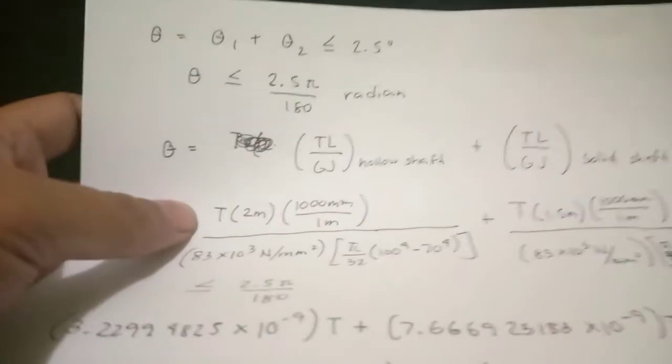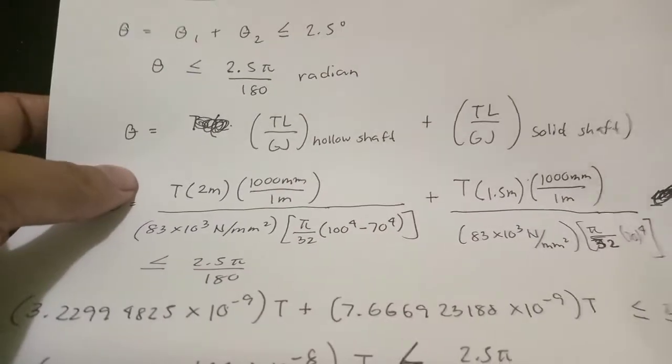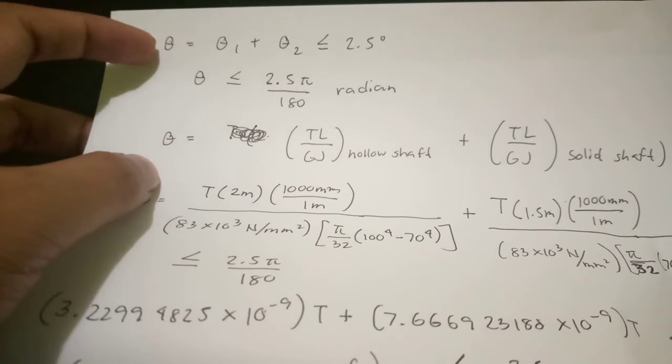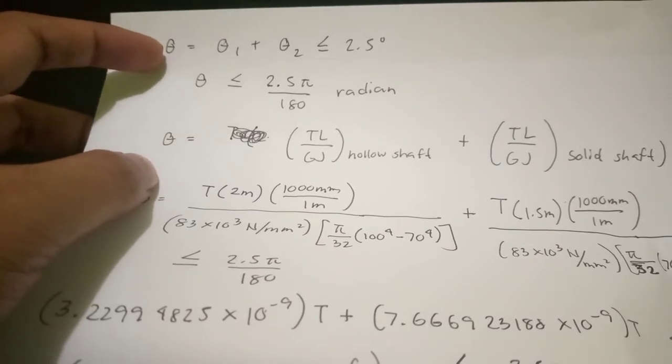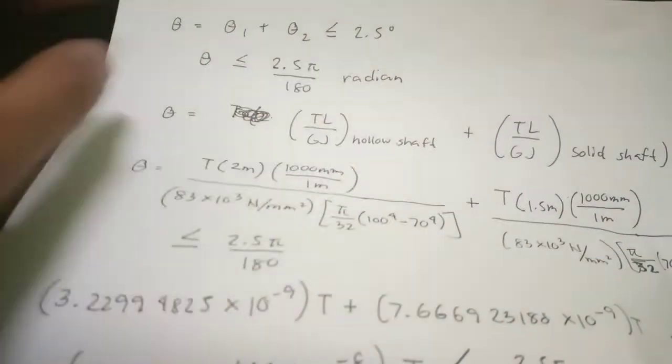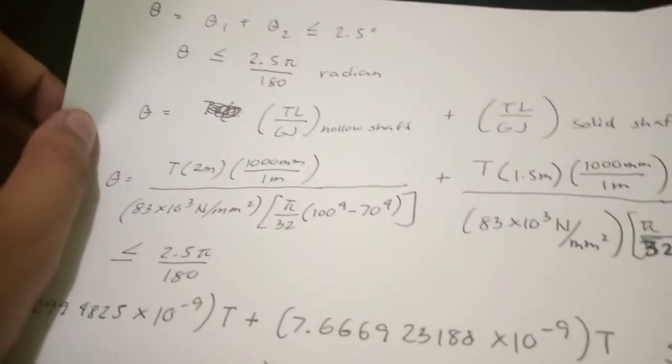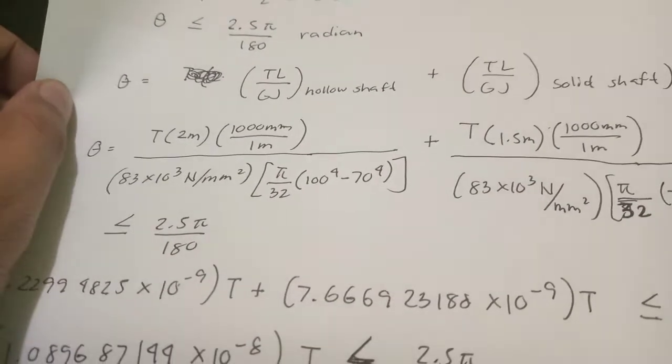Here is the second part of our solution for problem 3.8. We all know that the total angle theta is equivalent to theta 1 plus theta 2, which should be less than 2.5 degrees. Let's check this drawing.